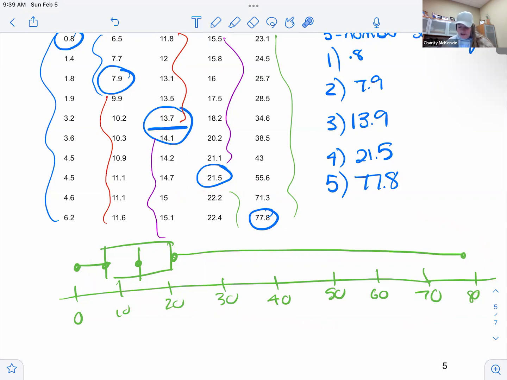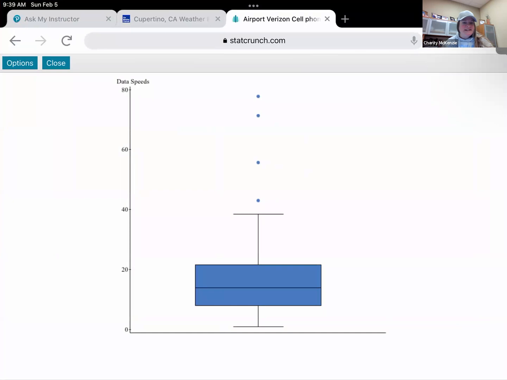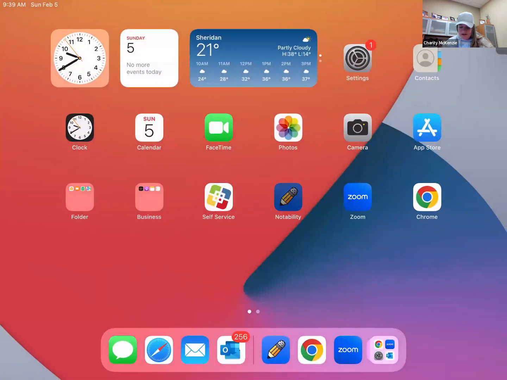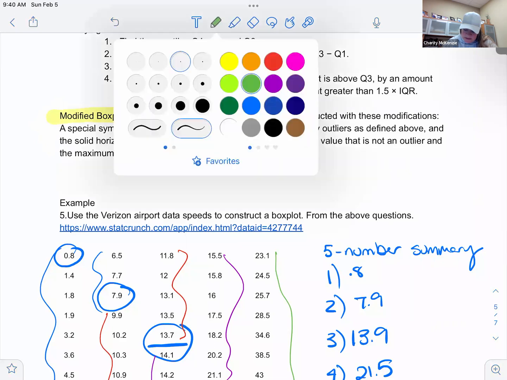If we look at what was just created in Statcrunch, we can see that it does not look the same. So that's why I have to go back and talk about outliers. Statcrunch does make a modified box plot right here. Maybe I'll highlight that modified box plot.